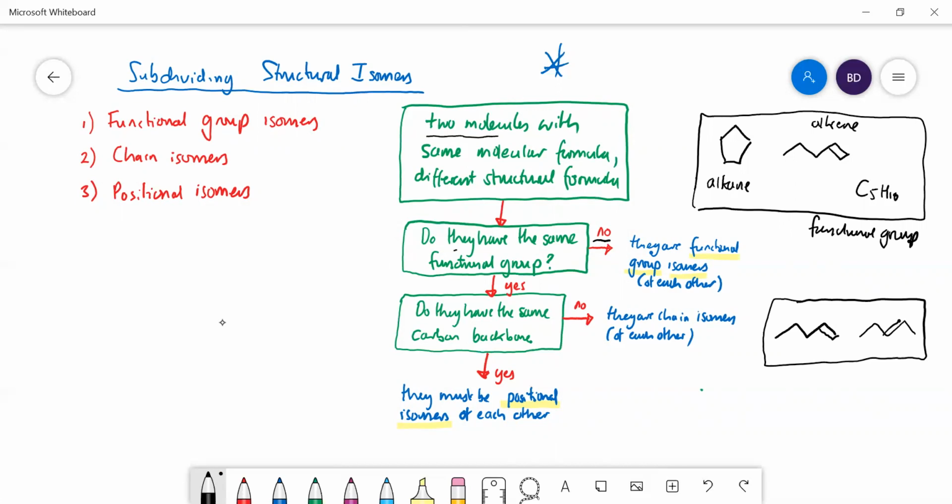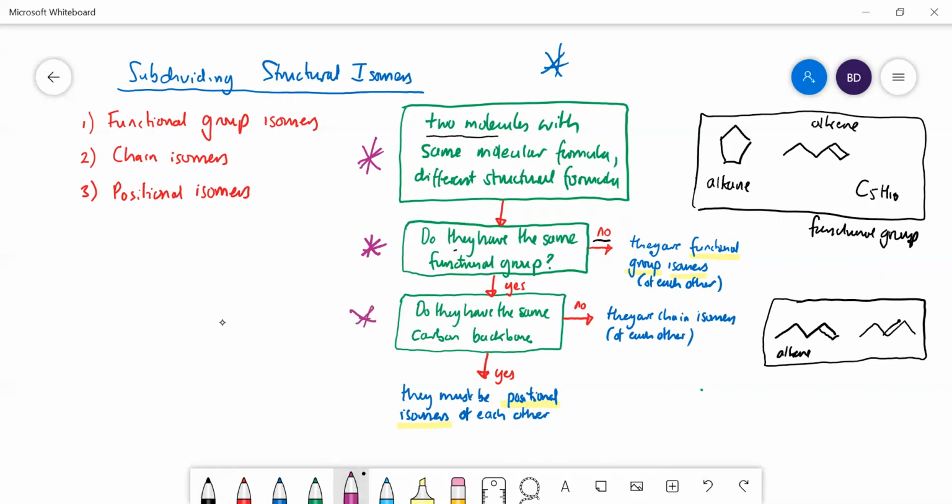Okay, so here, do they have the same molecular formula, different structural formula? Yes. Next question, do they have the same functional group? Yes, they do. They are both alkenes, aren't they? So the answer to that is yes. So move down to the next question.